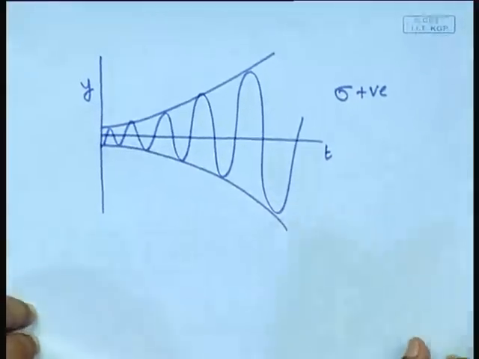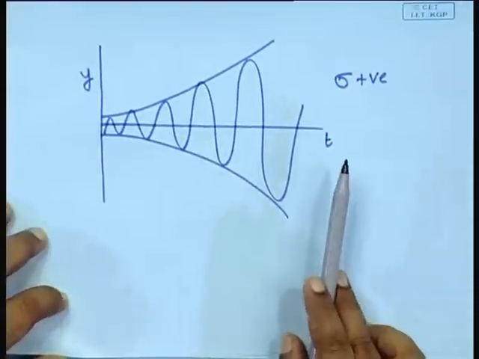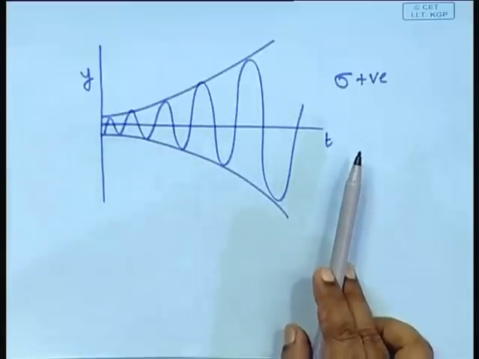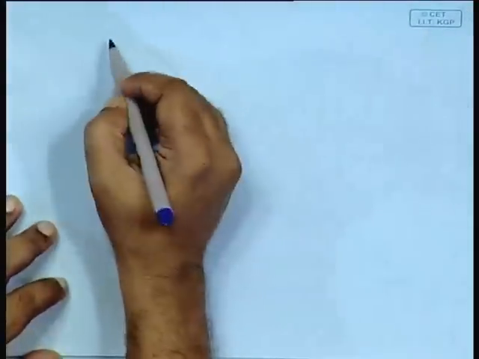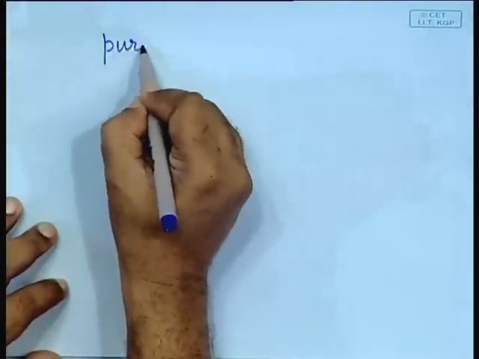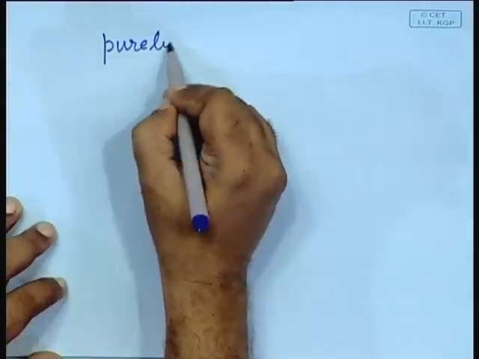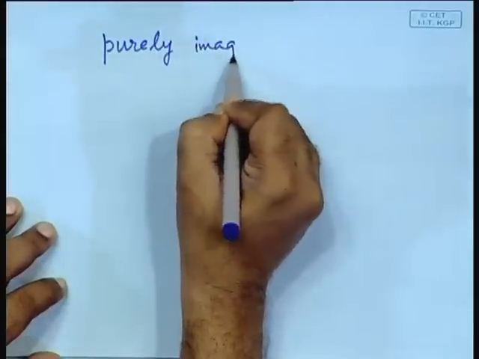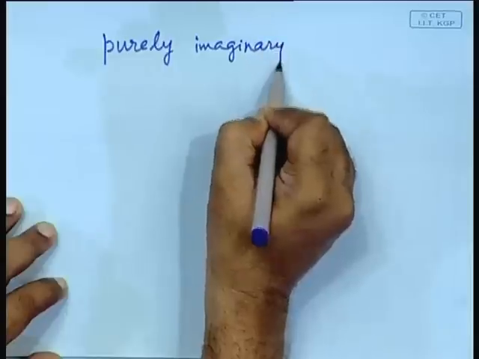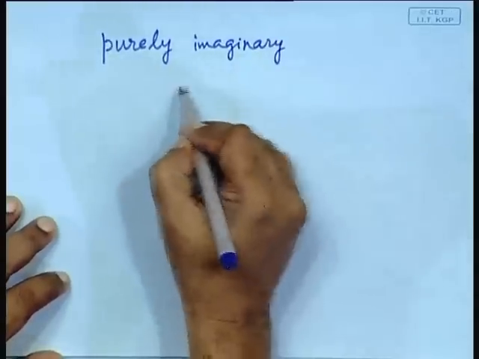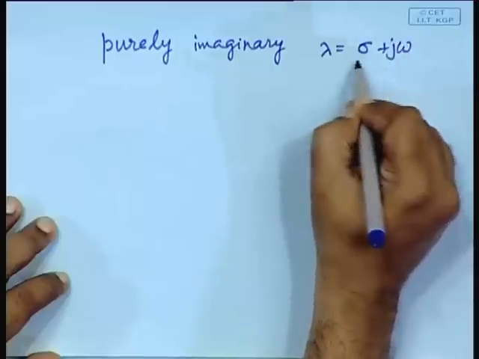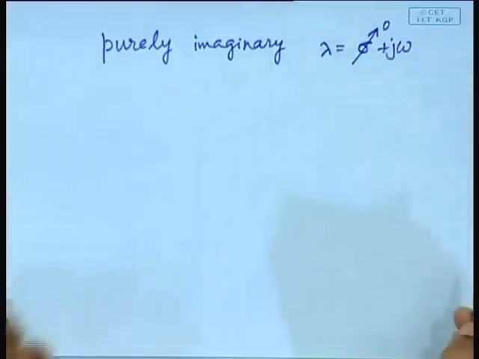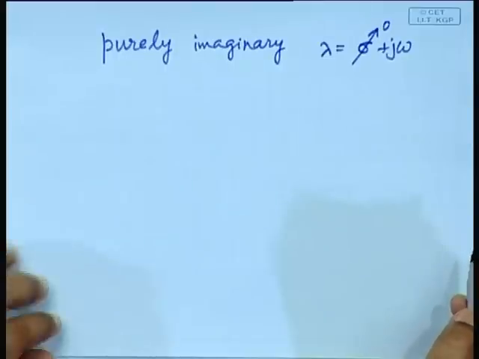Now, there will be one case where the eigenvalues are purely imaginary. Let us understand that case first. So, the complex conjugate eigenvalues with purely imaginary, a special case, which means in lambda is equal to sigma plus j omega, this term is 0. Fine.